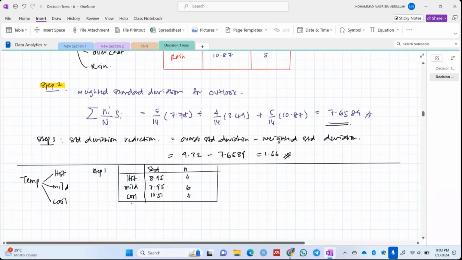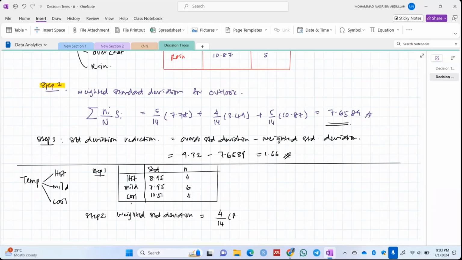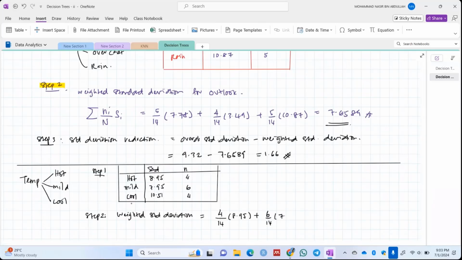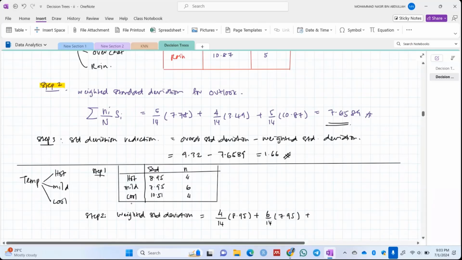Step 2, weighted standard deviation. So we have 14 variable data, 4 over 14 multiplied with 8.95 plus 6 over 14 multiplied with 7.95 plus 4 over 14 multiplied with 10.51. So this one should be equal to 8.84.